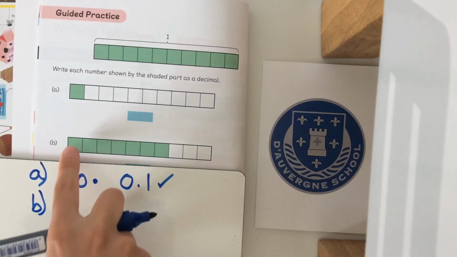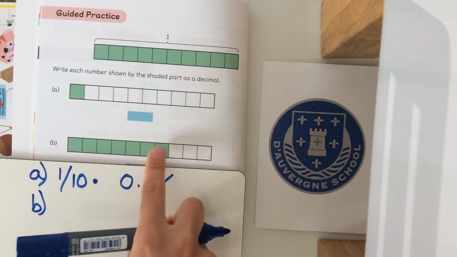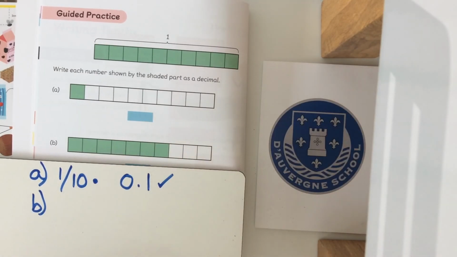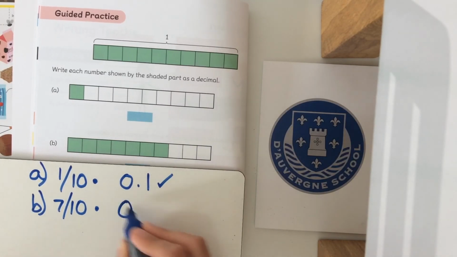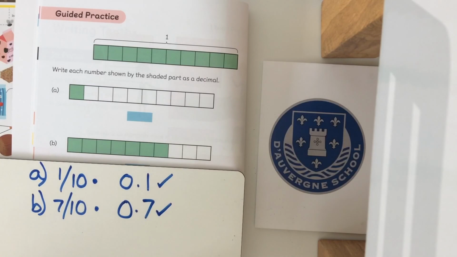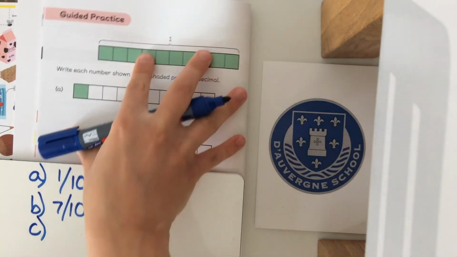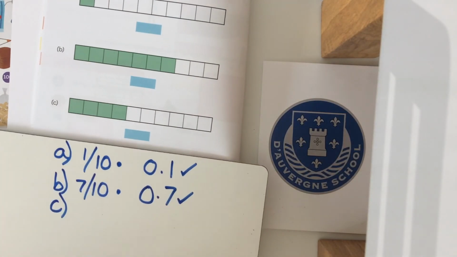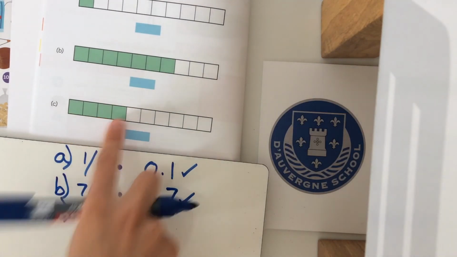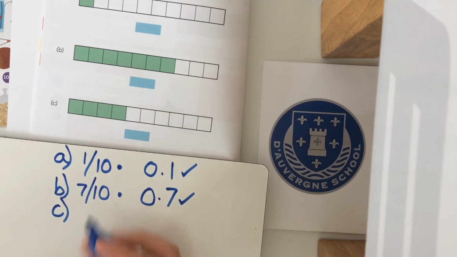B, we've got 1, 2, 3, 4, 5, 6, 7 squares coloured in out of 10. But remember, that's not our answer. We've got to convert it into a decimal, which is 0.7. C, we've got 1, 2, 3, 4 out of 10 coloured in.